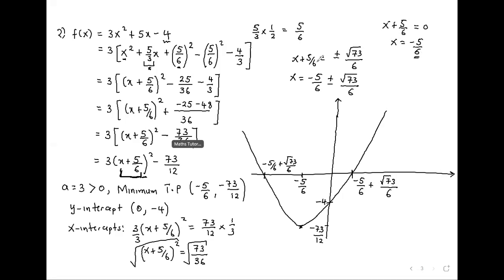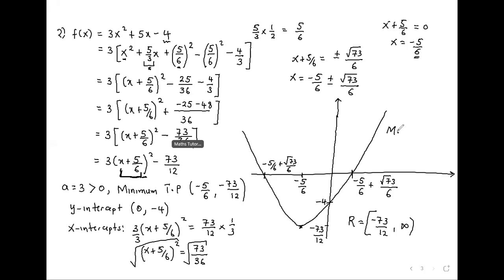All right. That is how you sketch. Should they say find the range? If it has a minimum, you start from the minimum all the way up to infinity, including the minimum. Should they say find the minimum value?